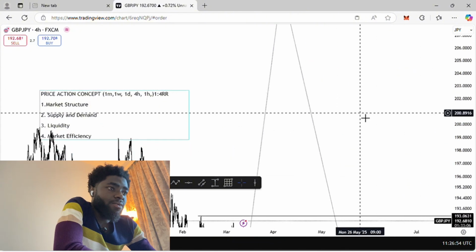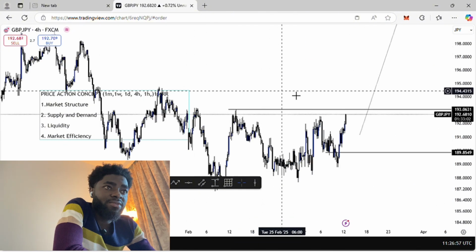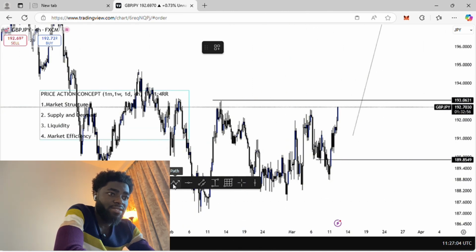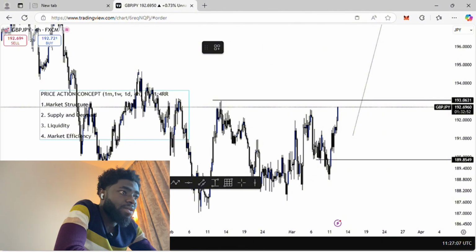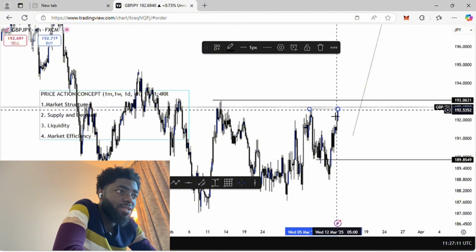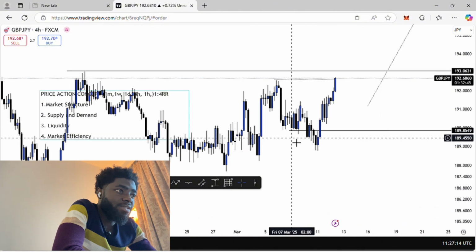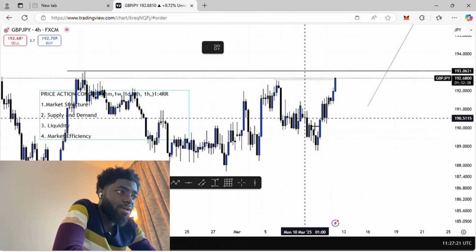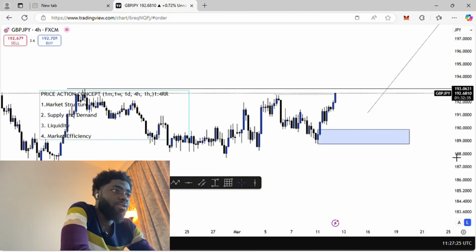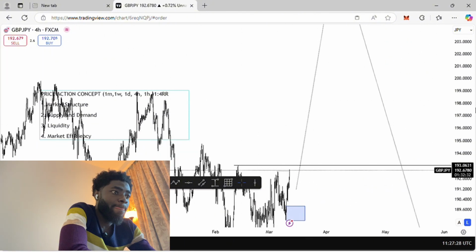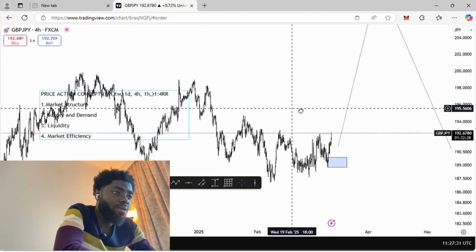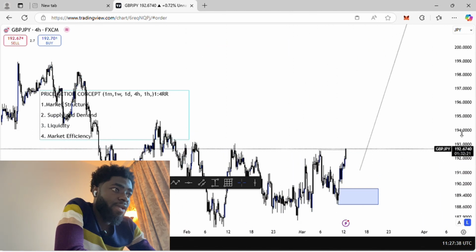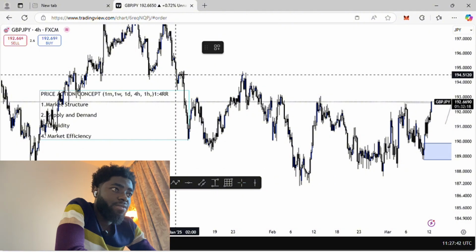So now if I want to take any trade on GBPJPY, I want to see this high taking off. It has actually happened. This high taking off, and if I see an imbalance here beneath this area, any retracement to this zone will be a buy for me to the next high, today's high, today's zone.